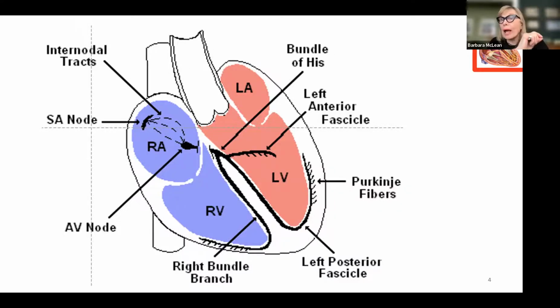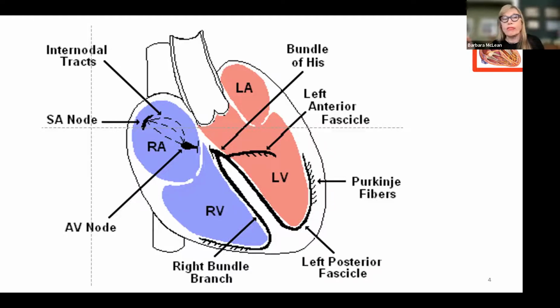So by the way, these are your design cells, but any cell anywhere in the heart can achieve automaticity when your electrolytes are out of balance or when you have oxygen delivery problems through the coronary artery. So automaticity was designed in the healthy heart to be in the sinus node, the AV junction, the Purkinje fiber.